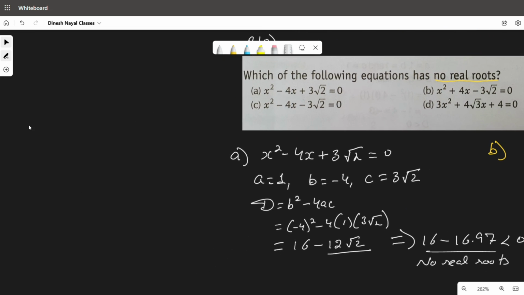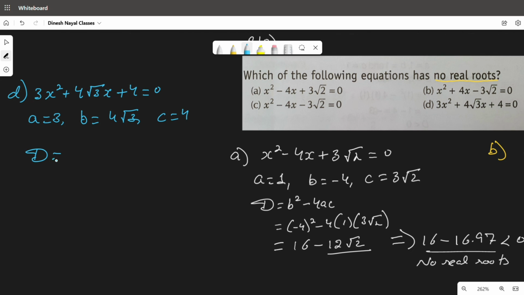Okay, now D given over here is 3x square plus 4 root 3x plus 4 equals 0. Over here A is 3, B is 4 root 3, C is 4. Now calculating D, which is B square minus 4AC.